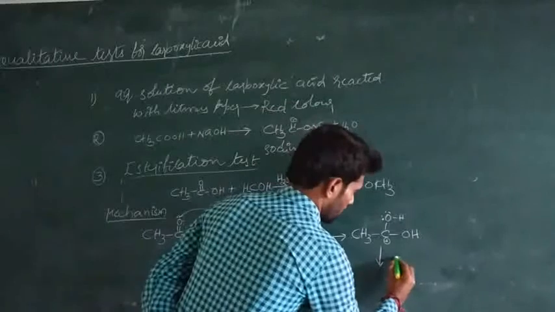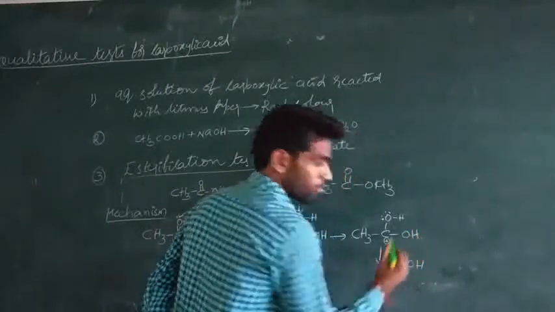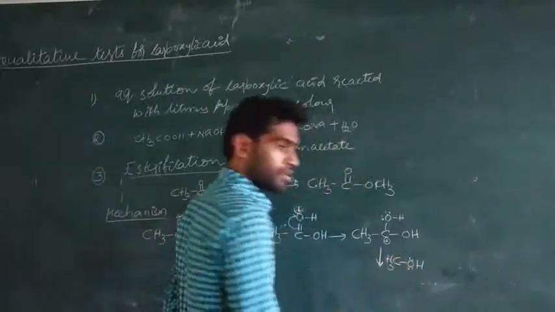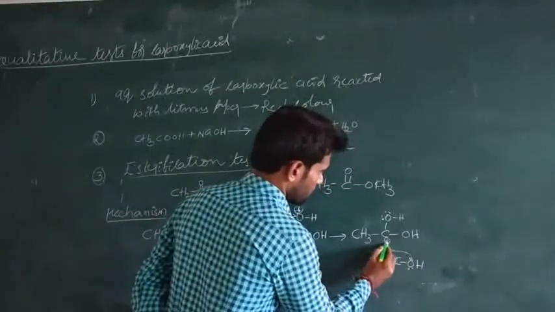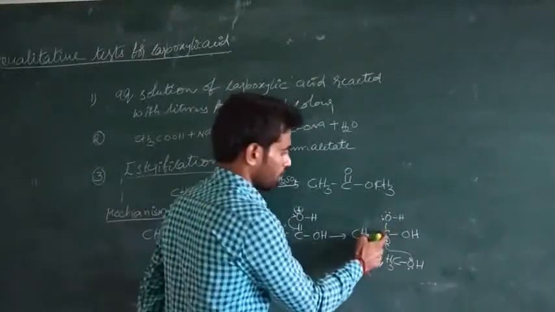Here our alcohol is methanol. Methanol contains an oxygen atom. This oxygen has lone pair of electrons. With this lone pair of electrons, oxygen is reacting with the carbon atom, the first centered carbon.